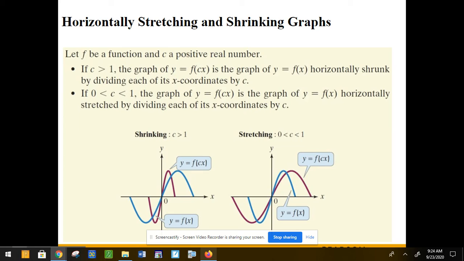So if the multiplier on the inside is more than 1, it's going to shrink it horizontally. In some texts, or if you look online at other resources, you might see shrinking also known as compressing. Okay, if the multiplier on the inside is less than 1, so a fraction less than 1, it's going to horizontally stretch it, so in effect, get longer.